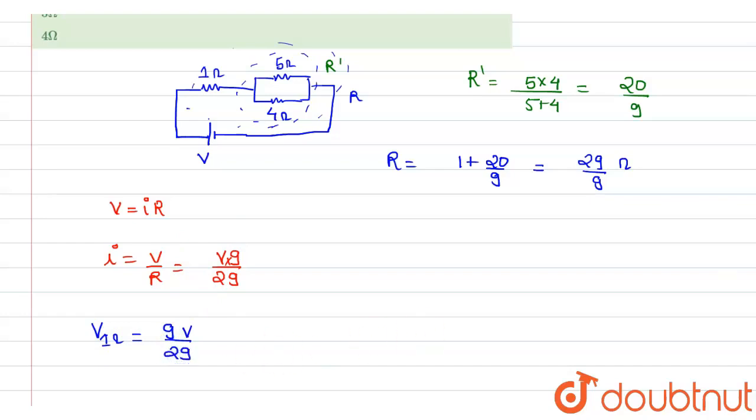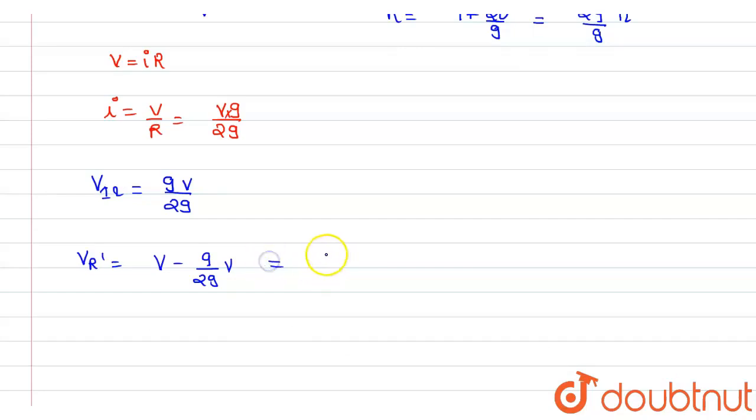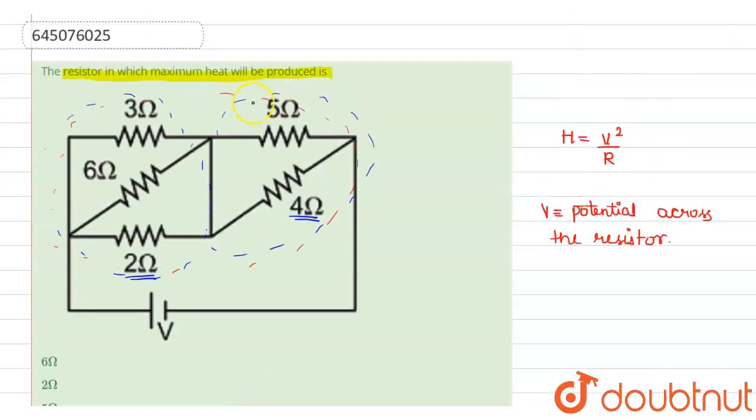And through the other part, V across R dash will be V minus 9 by 29 V, which is 20 by 29 V. So V across R dash has a larger value than V across 1 ohm. I am writing here V R dash is greater than V 1 ohm. That means this part has a higher potential difference than this part.